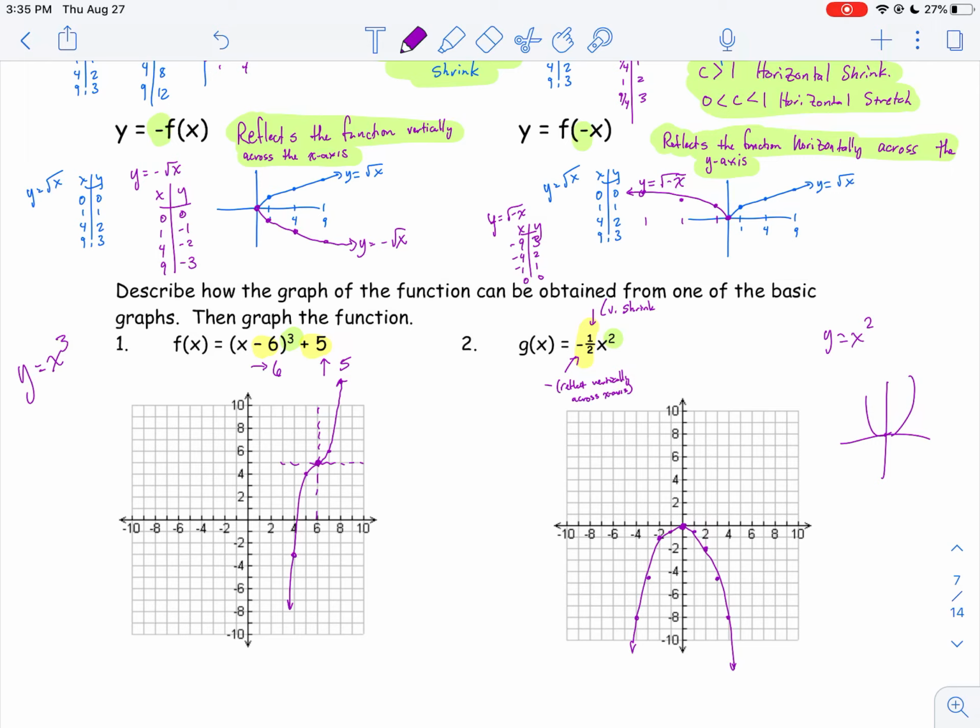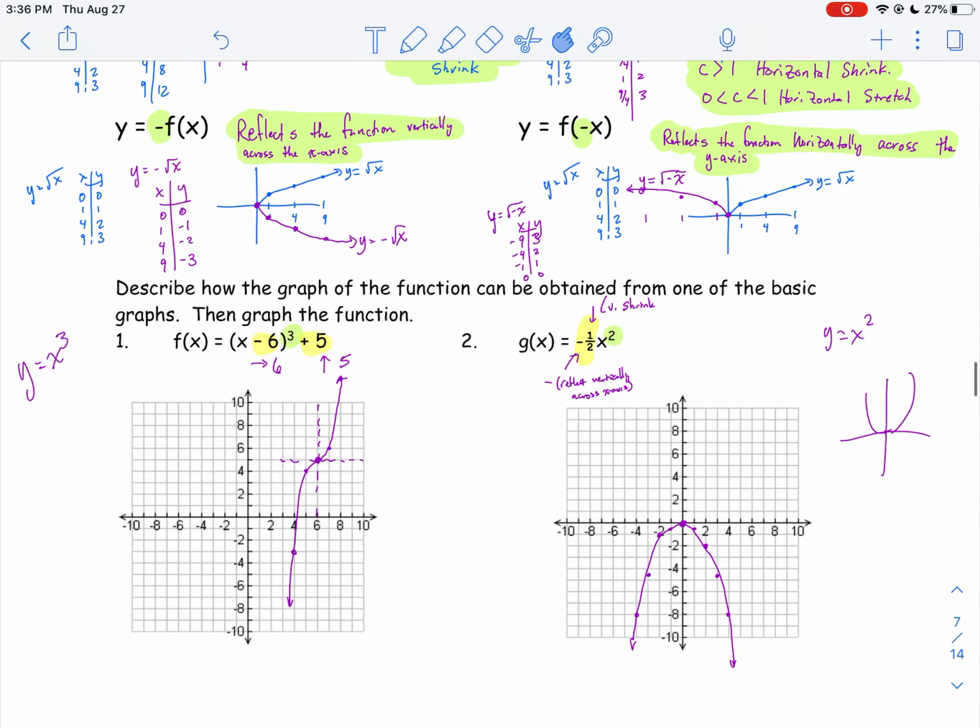When I quiz you on this, test you on this, I'm going to have to ask you questions in ways that ask you to explain and describe from the function. Because I know you can type these things in your calculator and look at them, but I really want you to see the connections between the equations and the graphs. And so that's what I'm going to ask you.